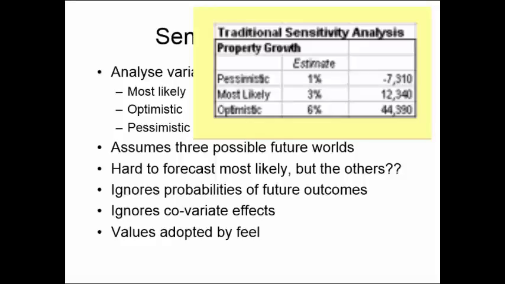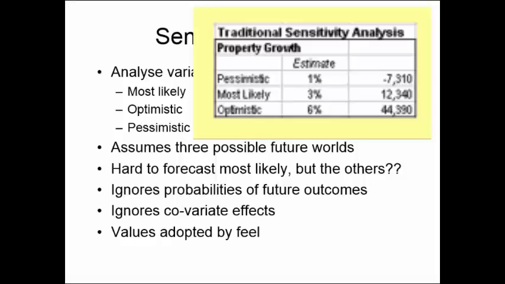There is another problem related to this which is a little subtle, and that is that if, say in the example where we have estimates of the property growth of 1, 3 and 6% being the pessimistic, most likely and optimistic, it really suggests that we're quite confident, in fact we're somehow sure, that the world is going to end up in one of these 3 cases, and certainly we are implying that property growth will never be less than 1% or greater than 6%.